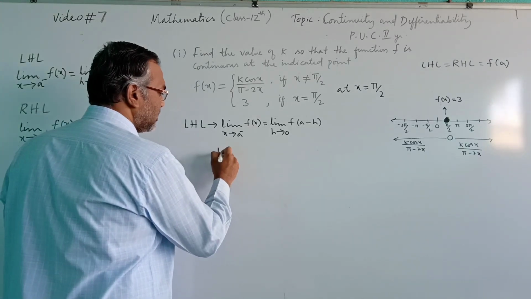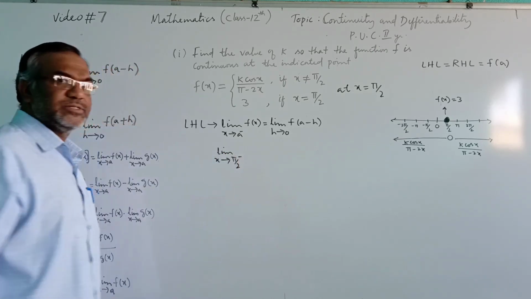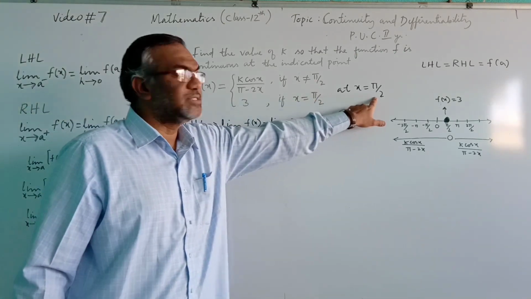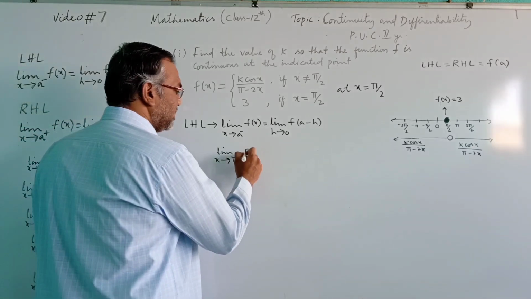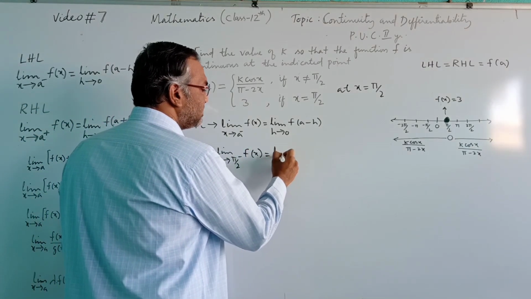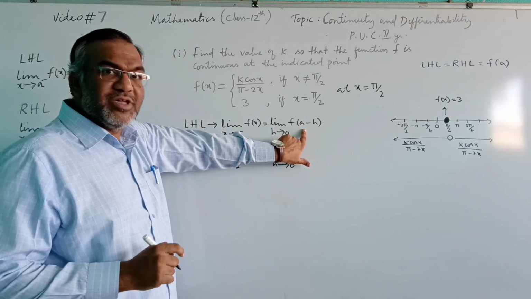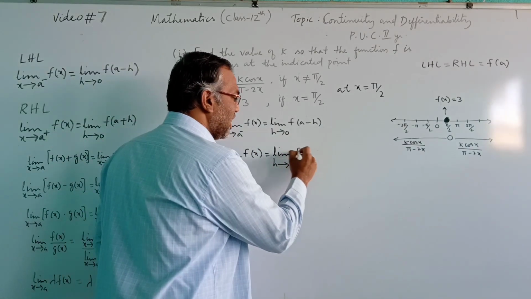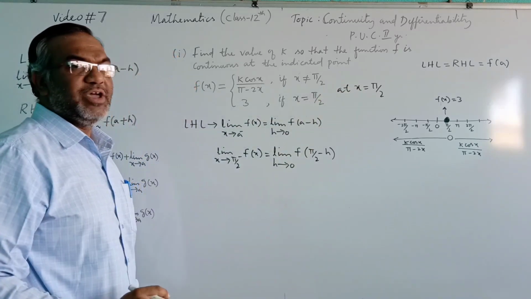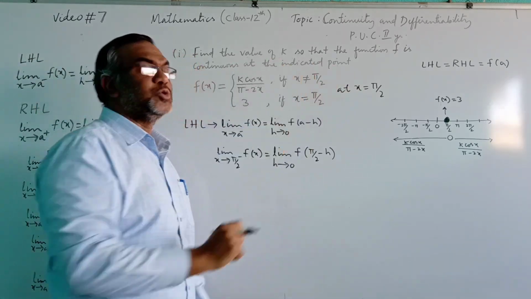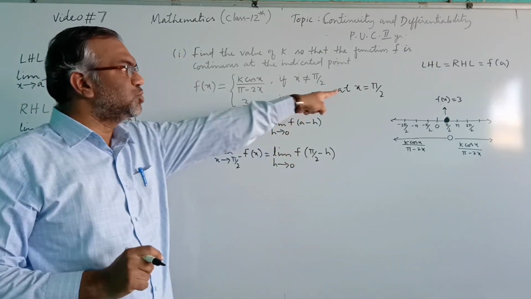So limit x approaches pi by 2 from the left of the given function will be equal to limit h tends to 0 of f of pi by 2 minus h, because we are finding the limit at x is equal to pi by 2. The given indicated point is x is equal to pi by 2, so a is pi by 2 here.